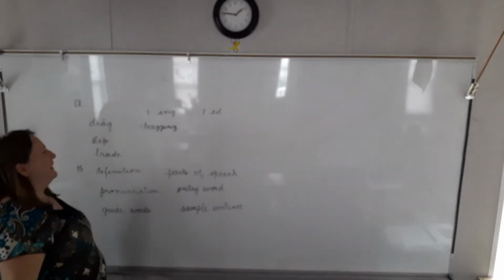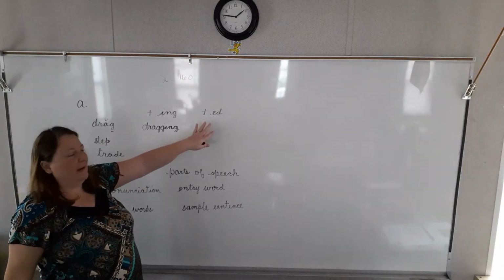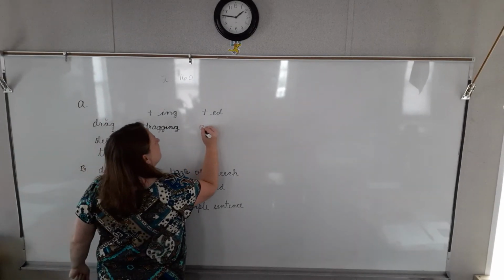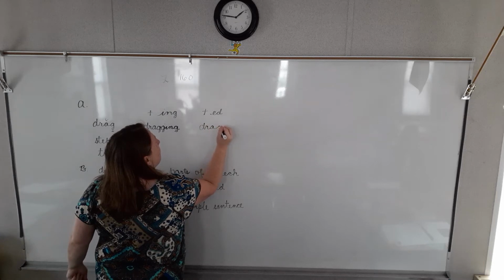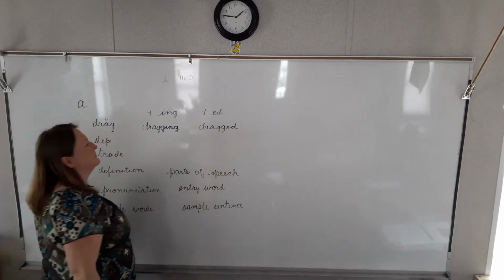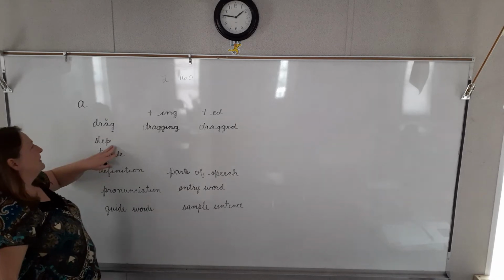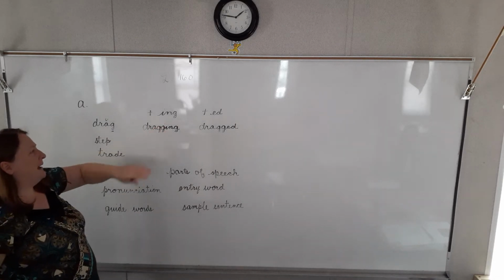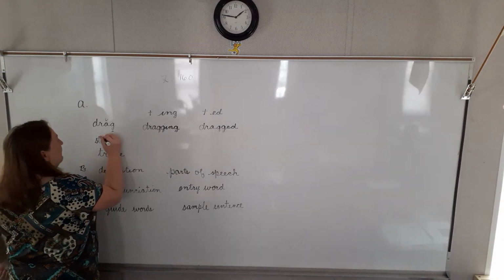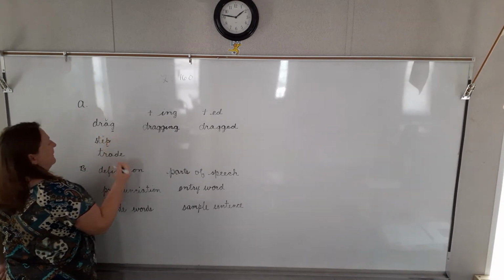Dragging. Same thing, before we add any suffix, we have to double the G. And then add ed, dragged. Step. Before adding any suffix to step, let's look. We have a short vowel and one consonant.